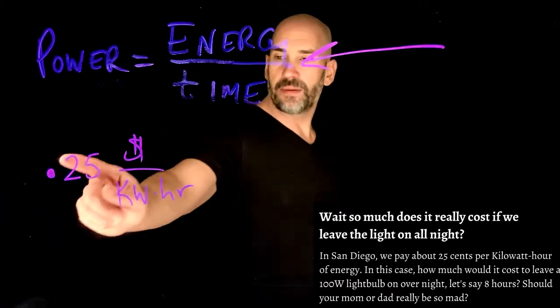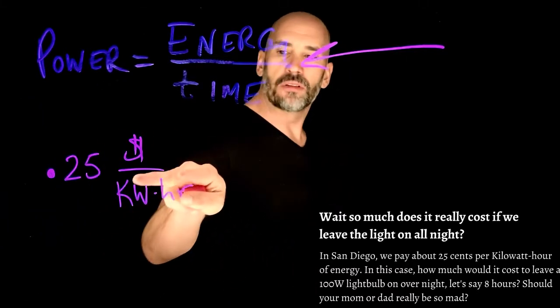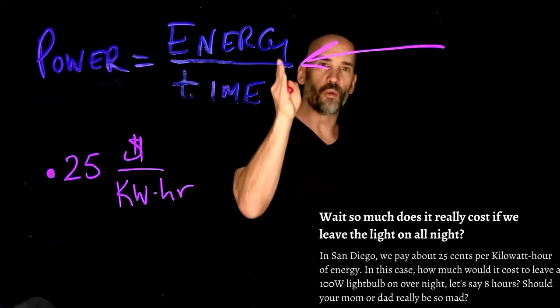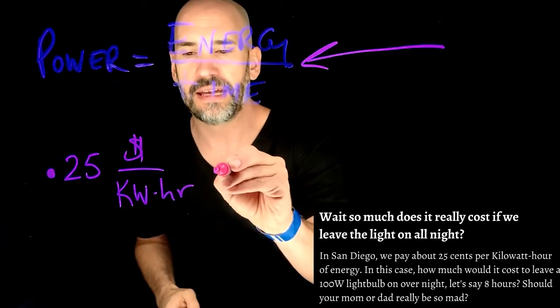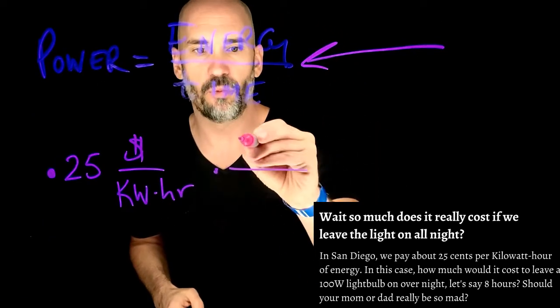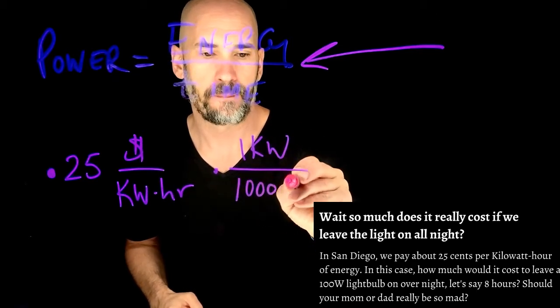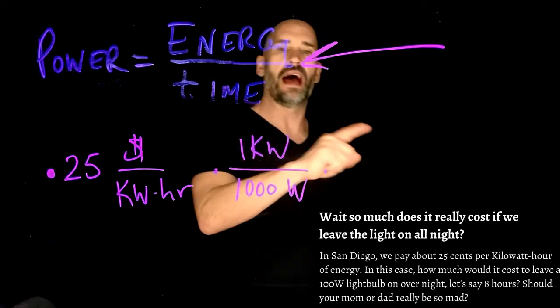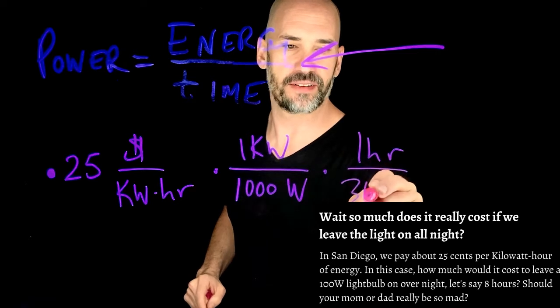All right, that's what we're starting with. And I am going to go ahead and say that I don't like this kilowatt hour. I want to go to my SI units. My SI unit would be watt seconds. So let's convert there first. I'm going to multiply this by, I'm going to say that in 1 kilowatt, there's 1,000 watts, right? And I'm going to say that in 1 hour, there is 3,600 seconds.